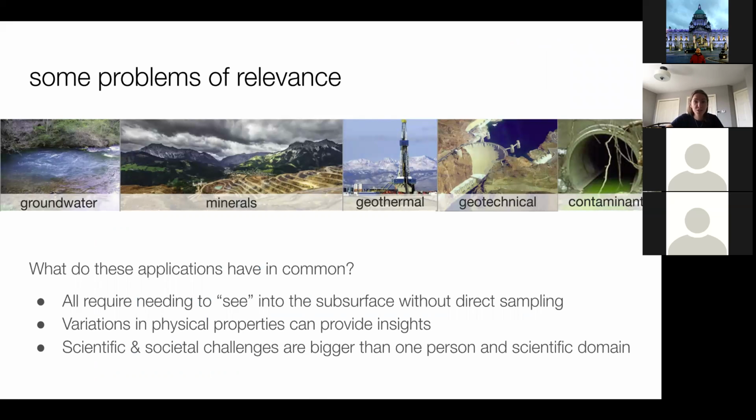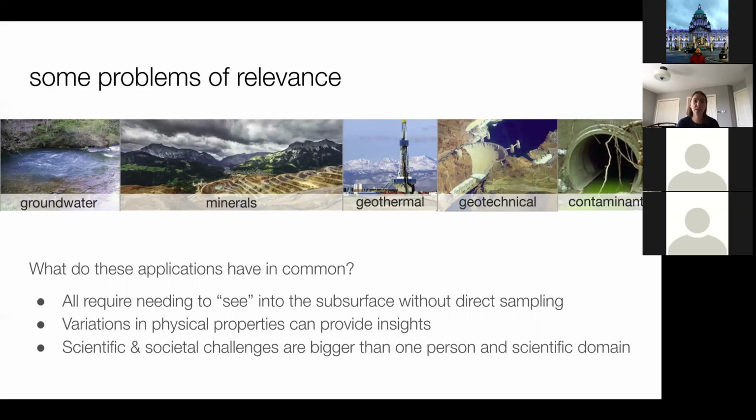So I wanted to circle back and look at a handful of the problems that we had pointed out earlier on. We pointed out that these applications have in common that we need to see into the subsurface without direct sampling, and that physical properties can be a tool that provides insights.